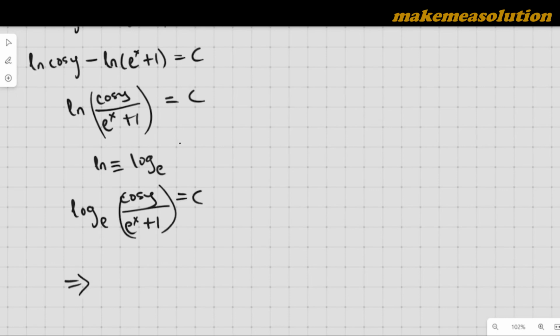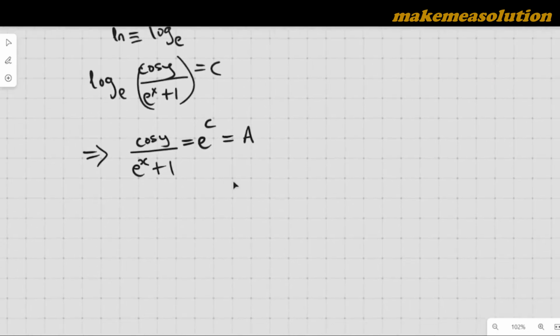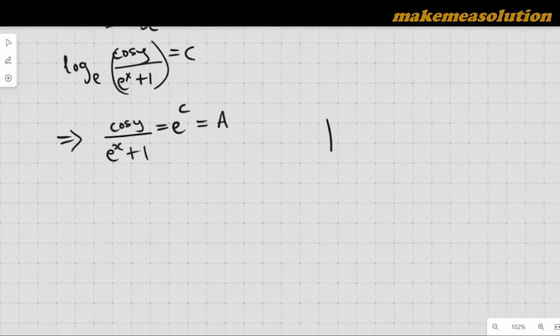So the implication is cos y over exponential x plus 1 is equal to exponential c. And just like c is an arbitrary constant, exponential c can also be another arbitrary constant. So exponential c can be equal to a. Is that okay? So we can actually use this convention. Exponential c is equal to a. They are still arbitrary constants literally.